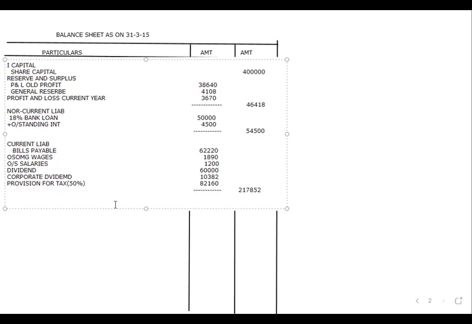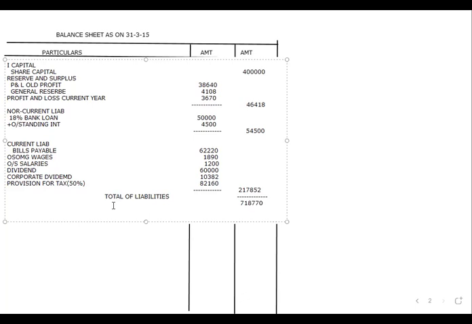So total of my liabilities are 7,87, sorry, 1,000. Then comes my assets.